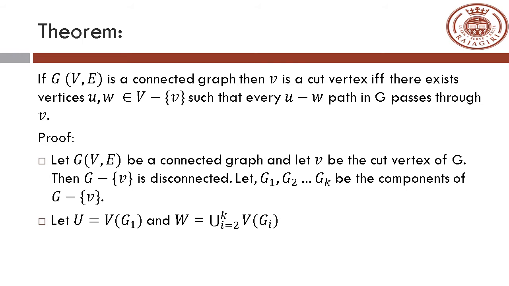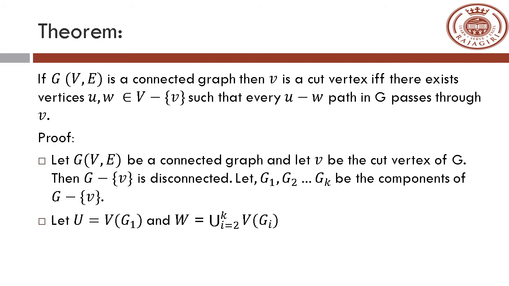You are given a graph G and let this graph G be a connected graph and let V be the cut vertex of G. Then G minus V will disconnect the graph. If you remove the vertex V and all the edges incident to V, then the given graph will be disconnected, and let G1, G2, etc., Gk be the components of G minus singleton set {V}.